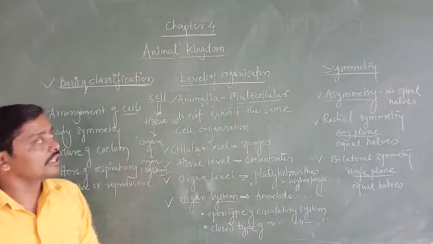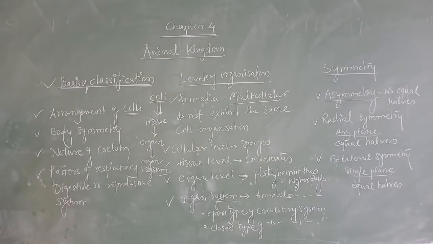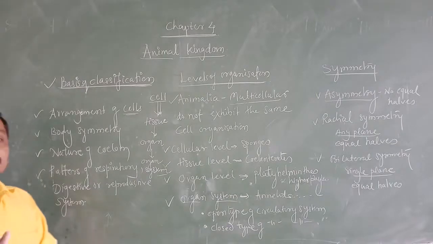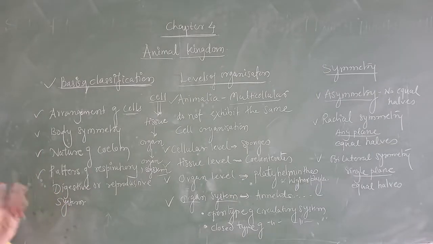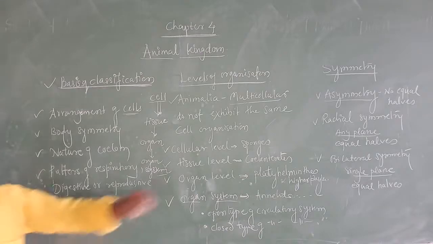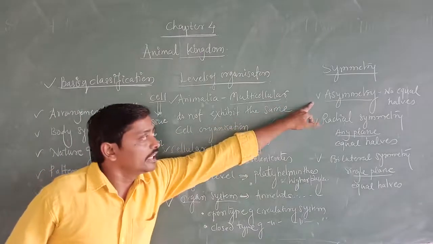And next we are studying about symmetry. Asymmetry in the sense when an organism is cut in any plane passing through the center and it is not divided into two equal halves, that time we call it asymmetry.